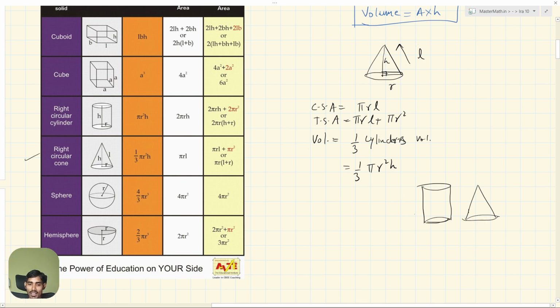How many people can drink an equal amount from this cylinder with this much volume? This is the conical glass that we have. So how many cone glasses are there in one cylinder?